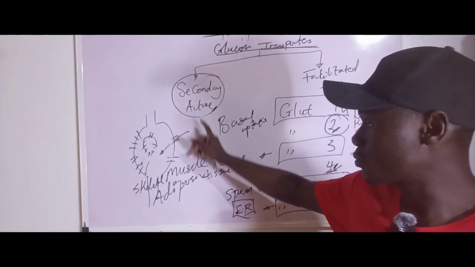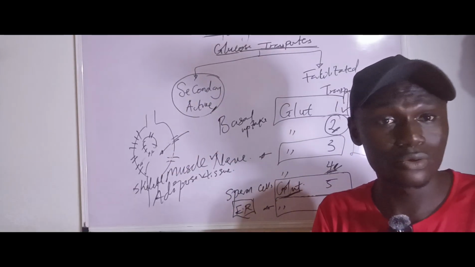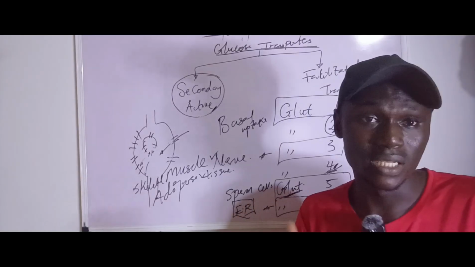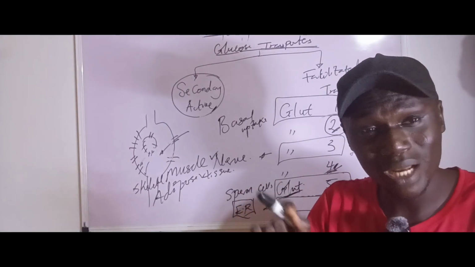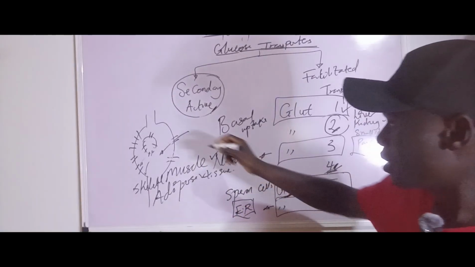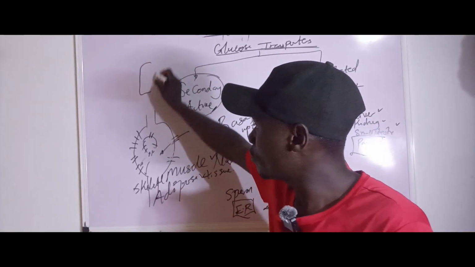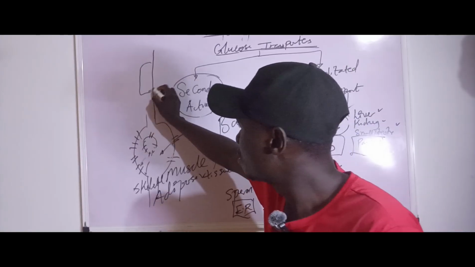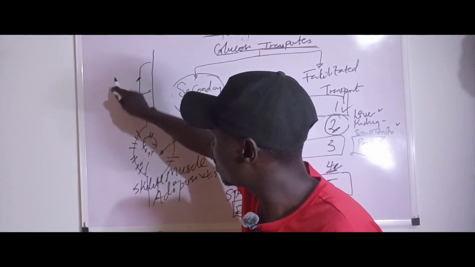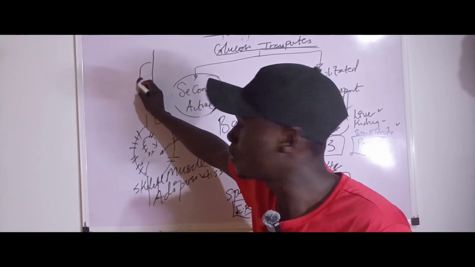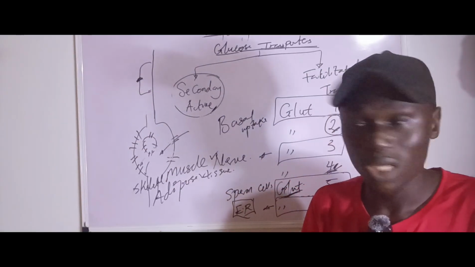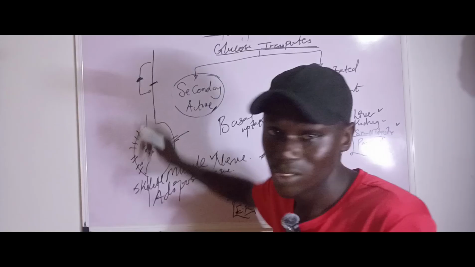For the secondary active transporter, we have just S-GLUT1 and S-GLUT2. I said S-GLUT1 is found in the small intestine, to be specific, on the luminal side, because the small intestine has the enterocyte. Imagine this is an enterocyte. It has the luminal part, the part facing the lumen, and it has the basal part. On this luminal part, this is where you see S-GLUT1, but on the basal part, you will see GLUT2.